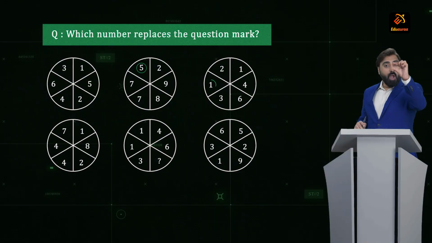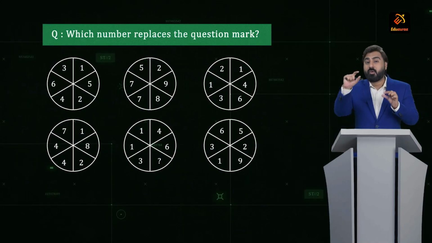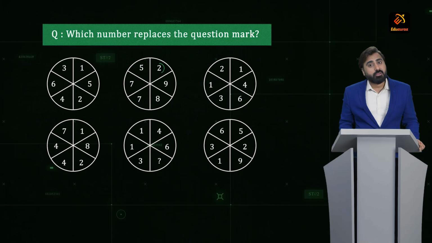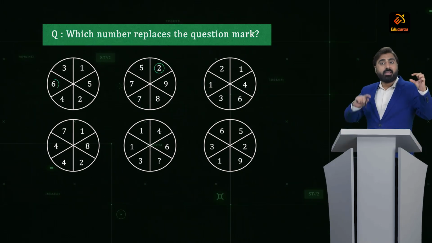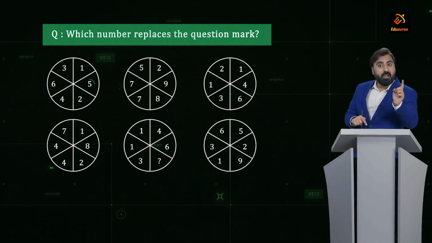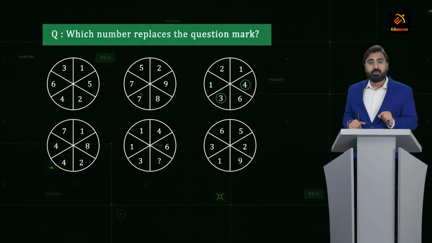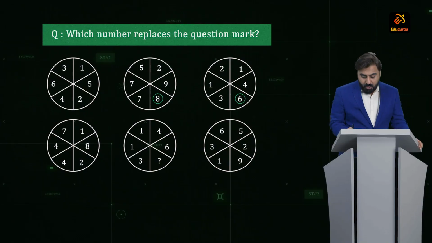Then 1 and 1 gives the number in the center of the circle, which is 2. Similarly, 6 and 1, 7. 5 and 4, 9. 4 and 3, 7. 2 and 6 is 8.